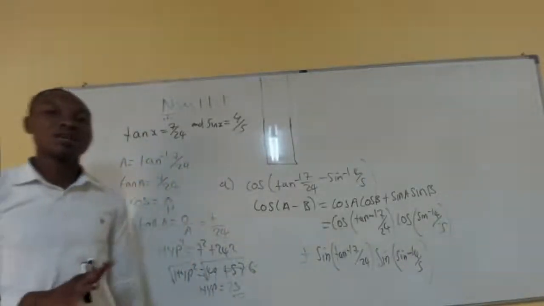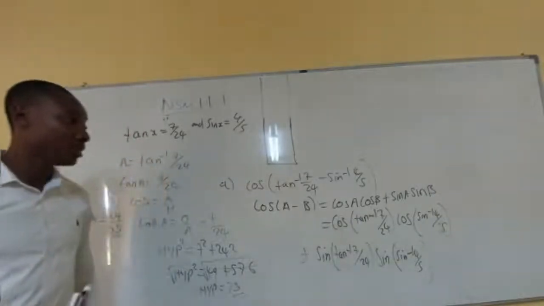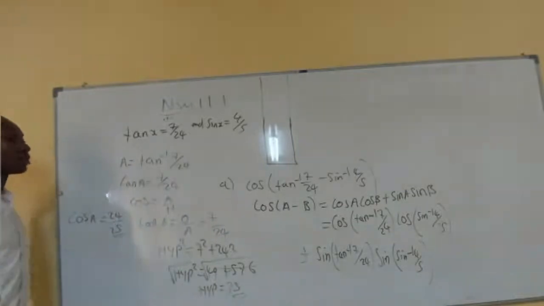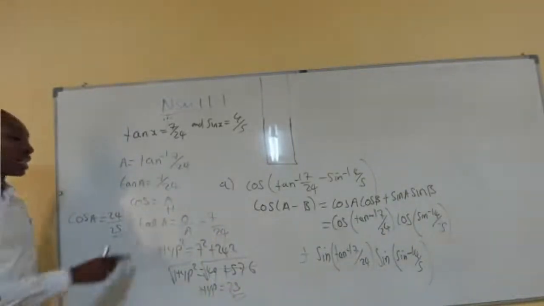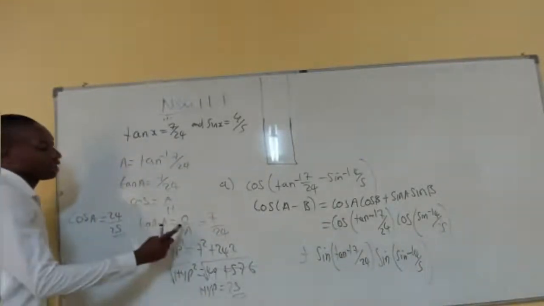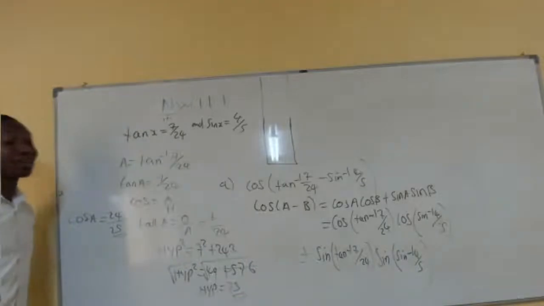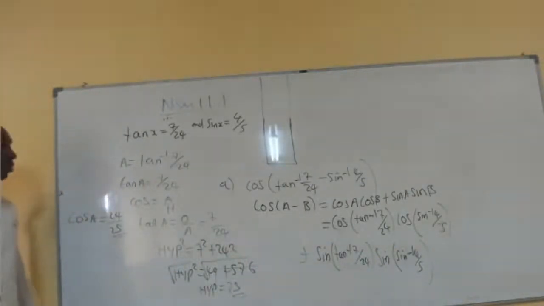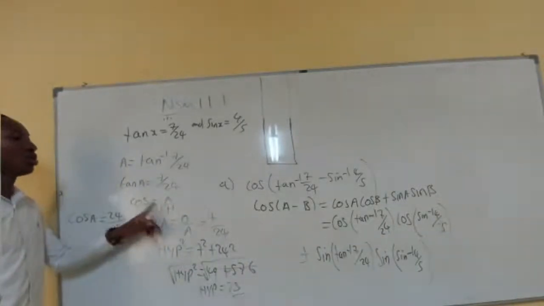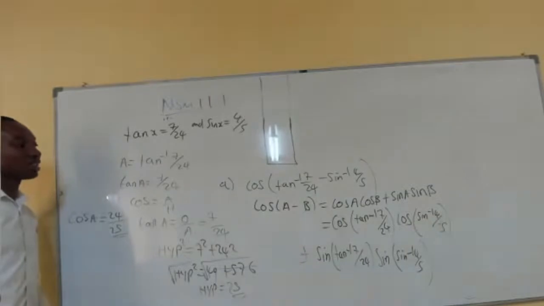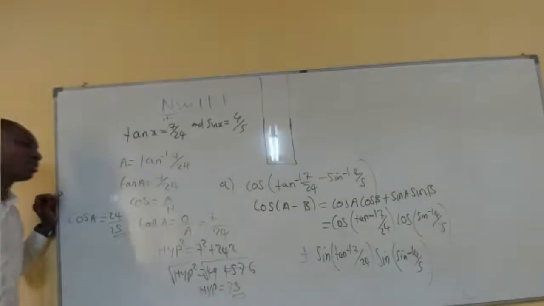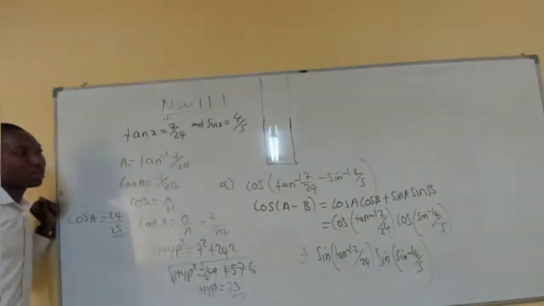We found tan A as 7 over 24, and tan is opposite over adjacent. So 7 is the opposite and 24 is the adjacent. We want to find cos A, but we cannot because the hypotenuse is missing. We know the adjacent is 24, but we now need to know the hypotenuse.